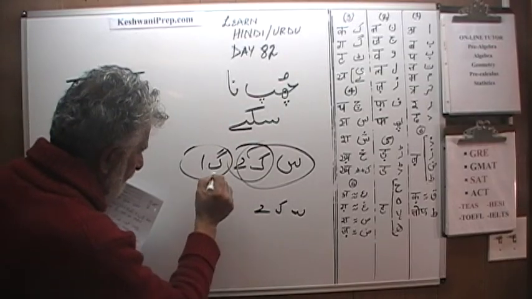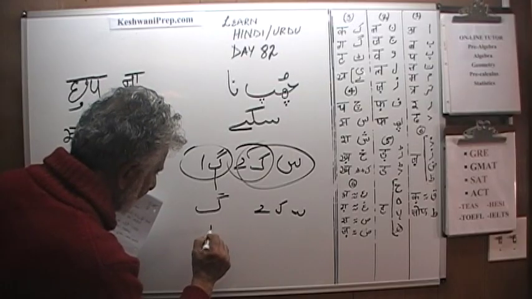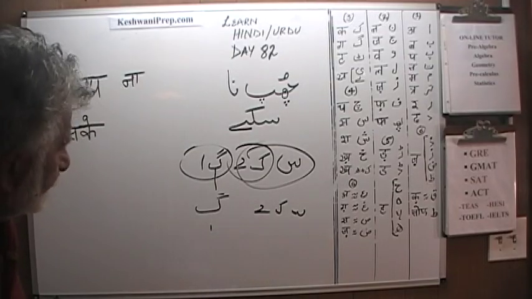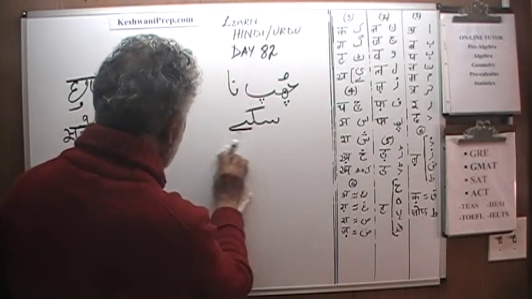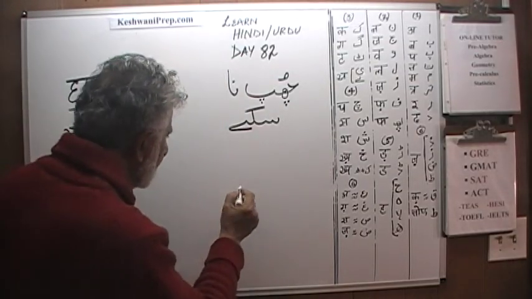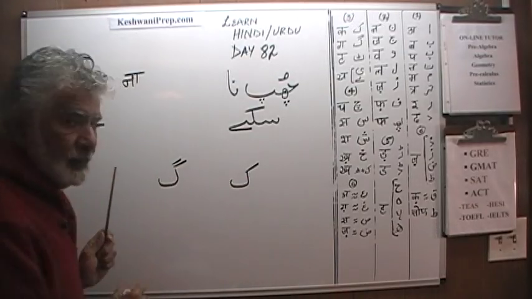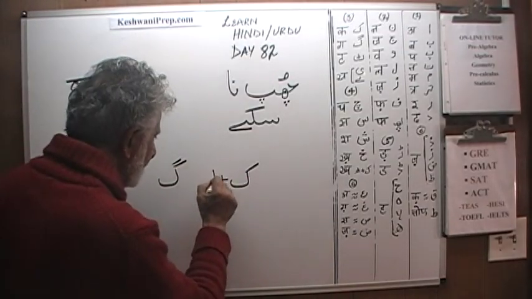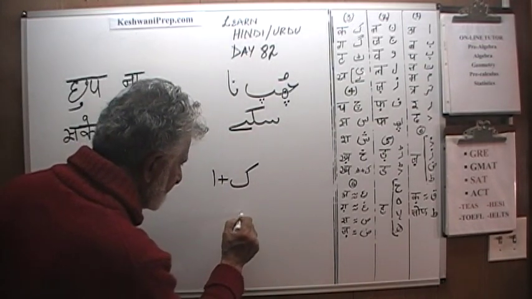This gaf, when it's about to join, takes this form. Whenever kaf or gaf are about to join alif, they change the form completely. They take this form.